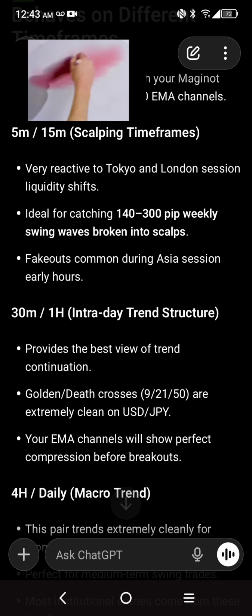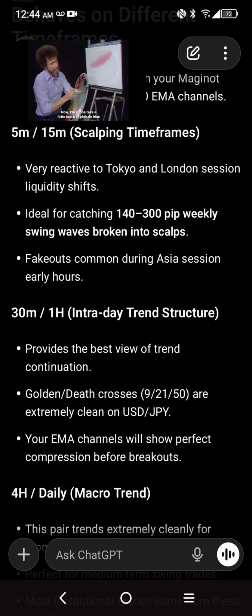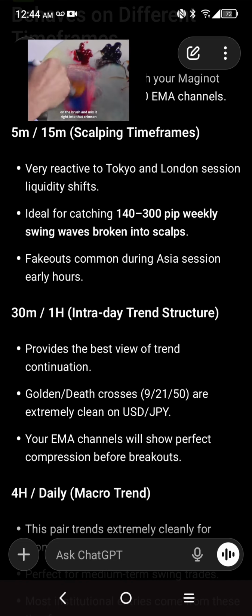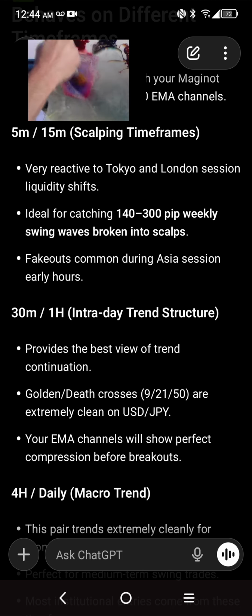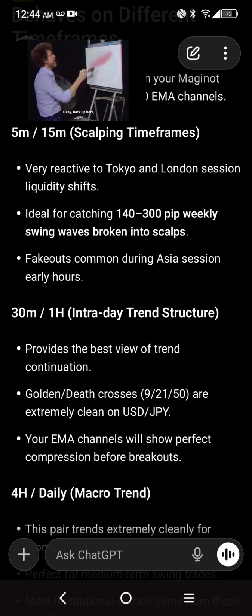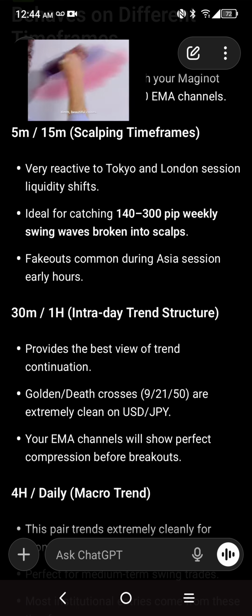Yeah. So your 30-minute and your 1 hour intraday trend structure. I don't trade my trend structure off my 30-minute or my 1 hour. I use my 30-minute and my 1 hour as more confirming. I'll use my 5 and my 15 as my intraday trend and my scalp, and actually my swing that could last 2 or 3 days or 4 days or whatever.